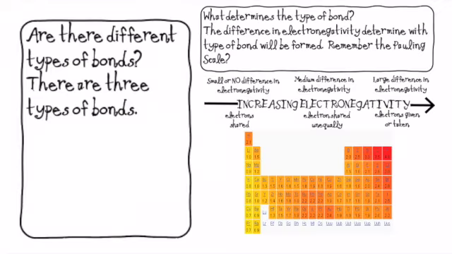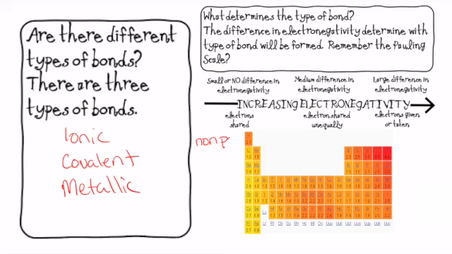Are there different types of bonds? Yeah, there's 3 different types of bonds: ionic, covalent, and metallic. The bonds are determined by the difference in electronegativity. Remember the Pauling scale? When there is a small difference in electronegativity, or no difference, this is a nonpolar covalent bond.